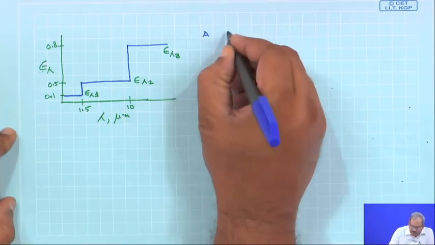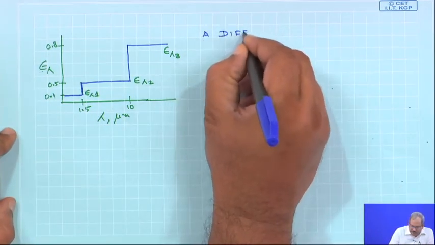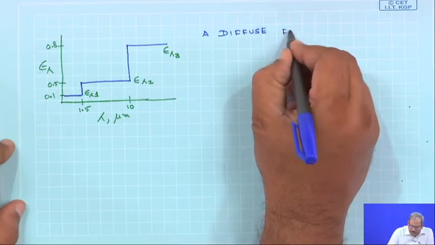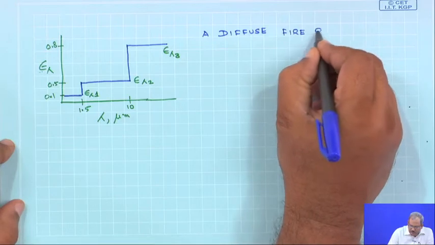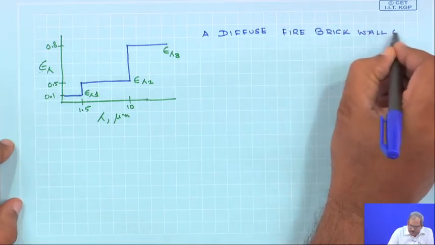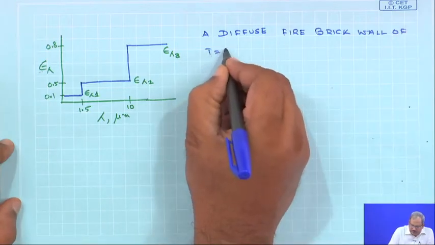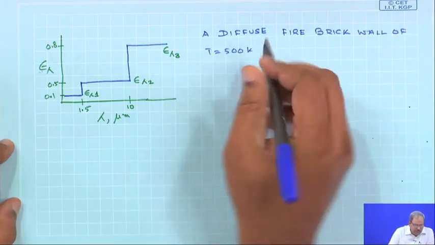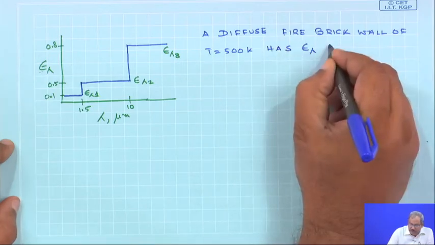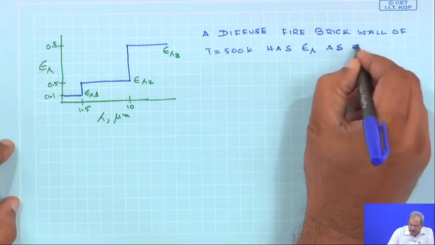The problem that we have is a diffuse fire brick wall of T equals 500 Kelvin that has epsilon lambda as shown.